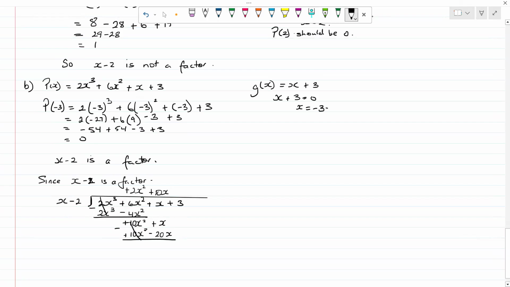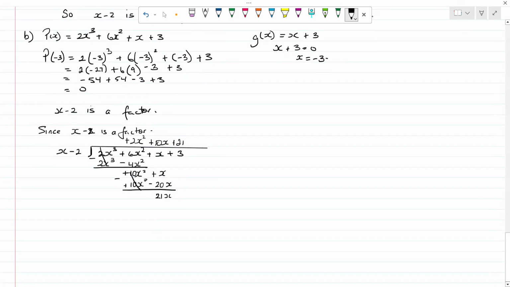Subtract, we're going to get negative by negative is a positive, so I'm going to end up with 21x. X into this will give me plus 21. 21 by x is going to give me 21x. 21 by -2 is going to give me -42. And get 0. It's going to give us positive 45.